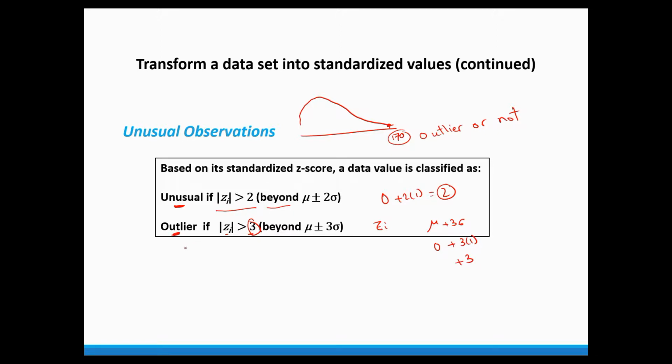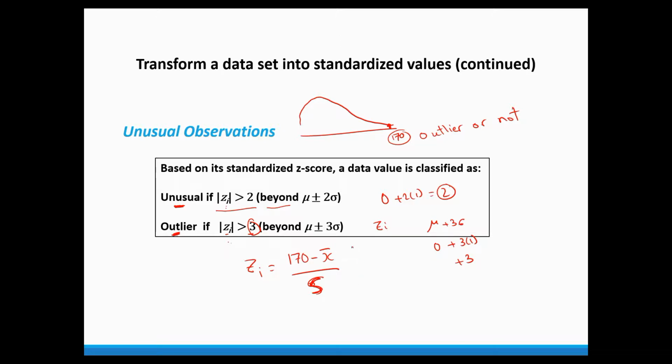an outlier. So to check any observation inside the distribution, and we want to know whether it is unusual or an outlier, we have to check these two rules by finding the z-score for this value. The z-score for this value will equal 170 minus the x bar of the distribution divided by the standard deviation.